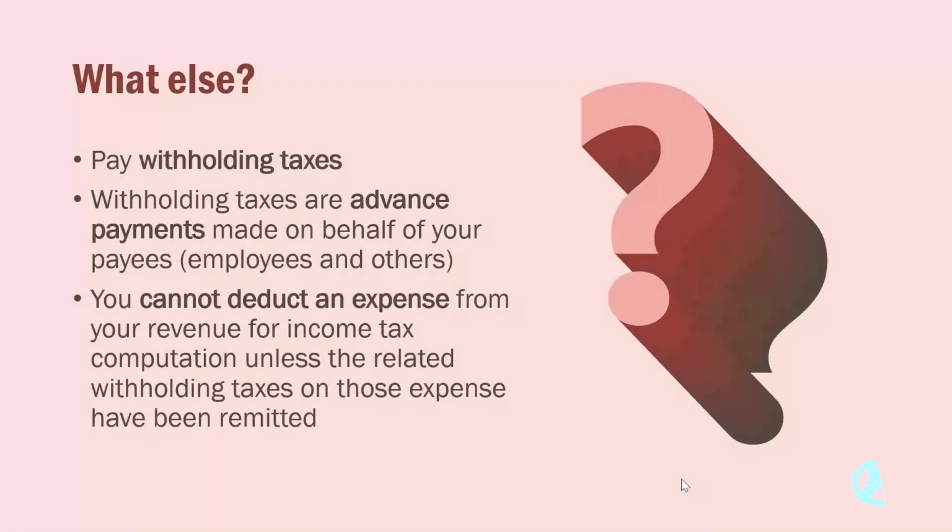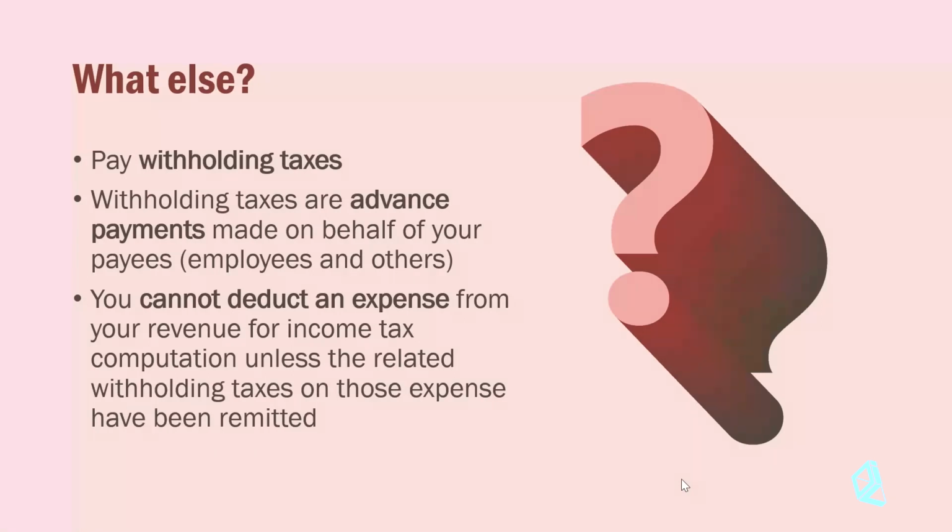Before I continue, let me quickly discuss the logic behind withholding taxes. Withholding taxes are advance payments made on behalf of your payees, primarily your employees and other service providers or suppliers for your company.